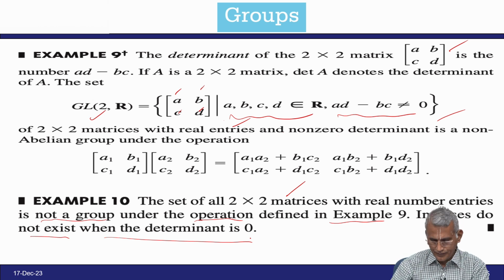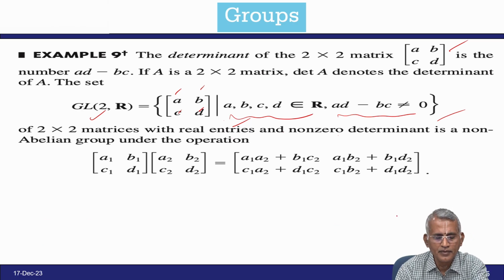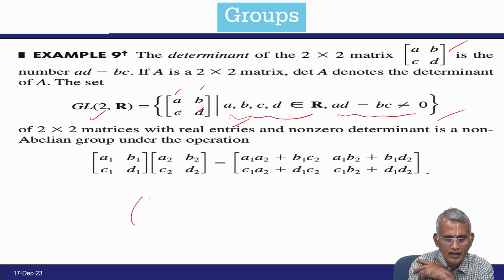Now, to see that the previous example is not abelian, you take the matrices 1, 2, 3, 4 and 1, 3, 2, 5, like that.